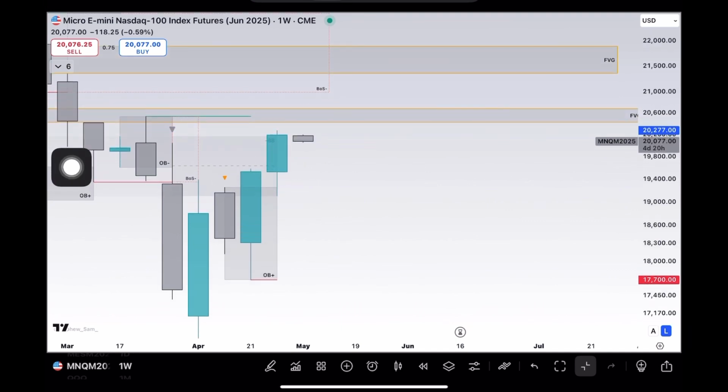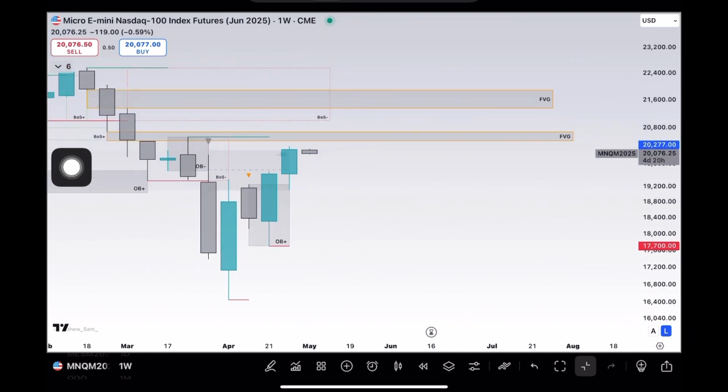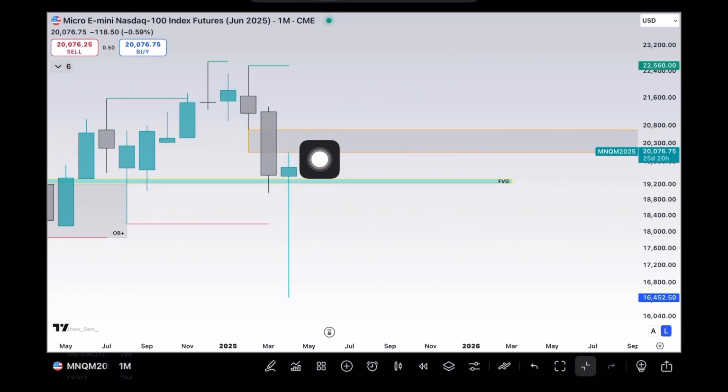Why am I expecting retracement, right? The reason why I'm expecting retracement is we do have some bearish indicators on the weekly chart, but also on the monthly chart. As of Friday, we have retraced and closed inside of a bearish fair value gap. So I do expect to see some kind of move back down.